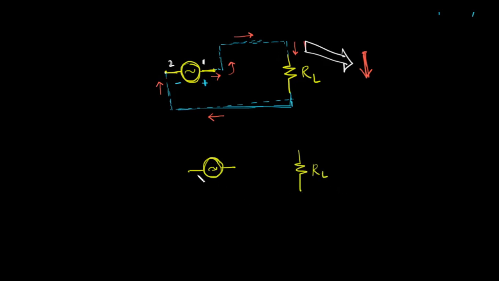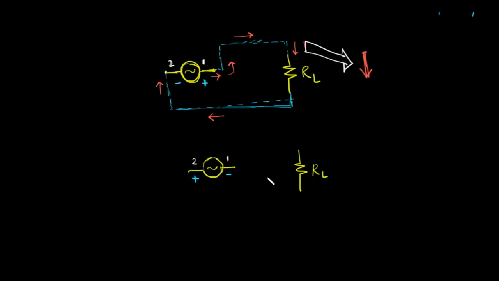In the negative cycle, this terminal is more positive than this terminal. I will again name these 2 and 1. Can we connect the circuit in some clever way so that the current flow through R remains the same? Can we do that?